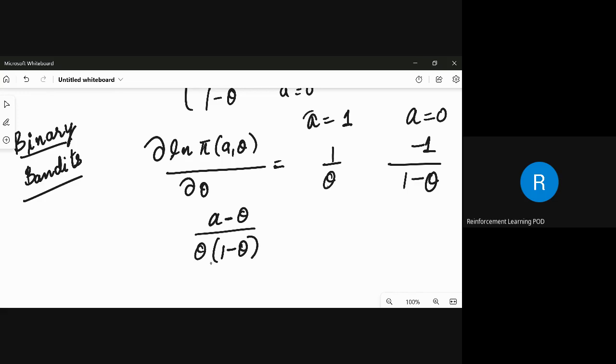See, if A is equal to 1, if you put 1 over here, then this will cancel, right? If you put A is equal to 0, then this will go away, and we get minus 1 by 1 minus theta. So this is what we'll get.